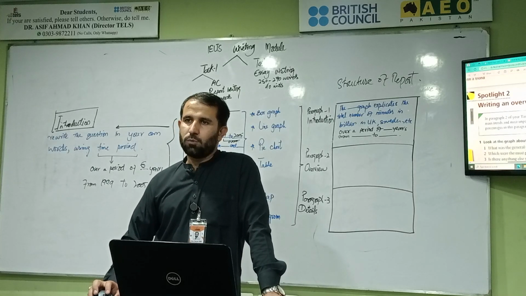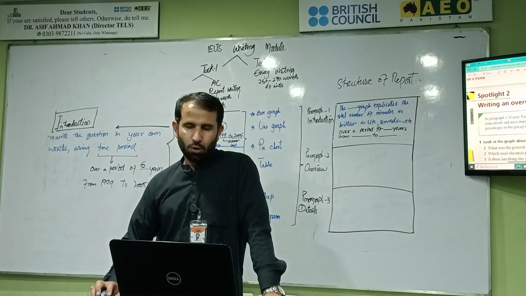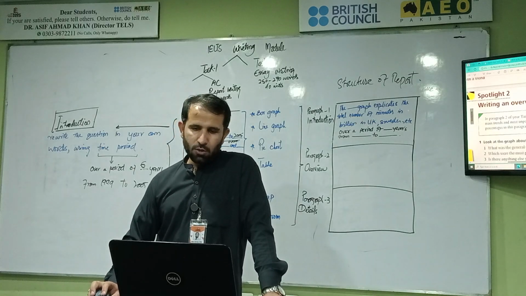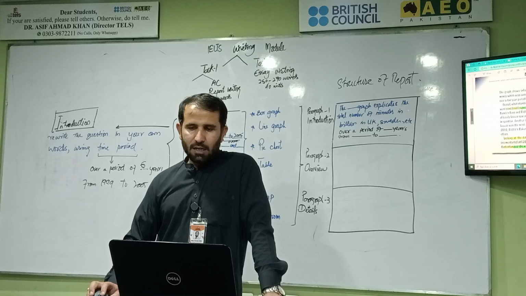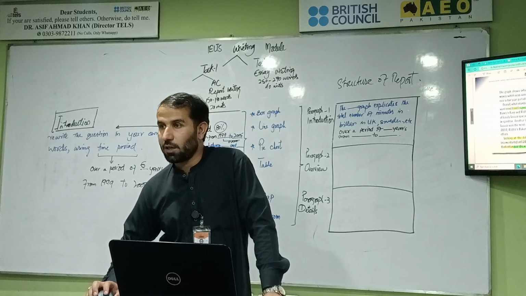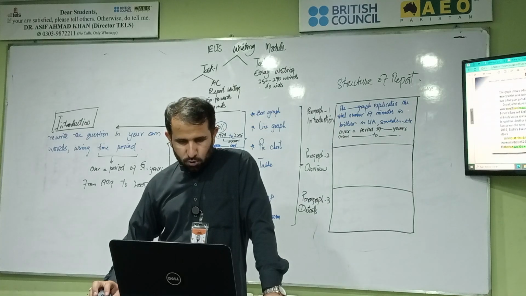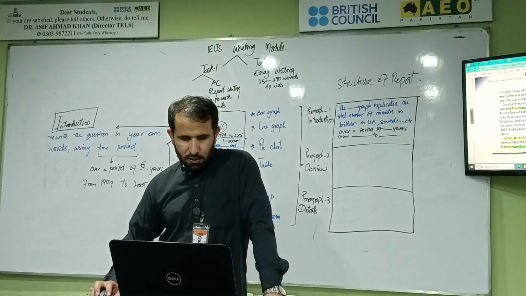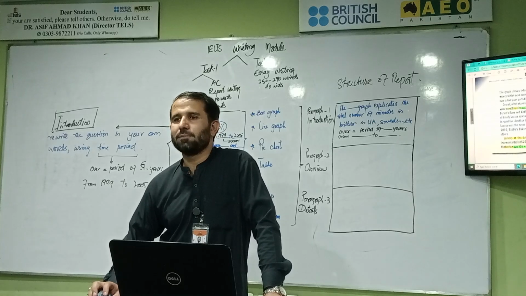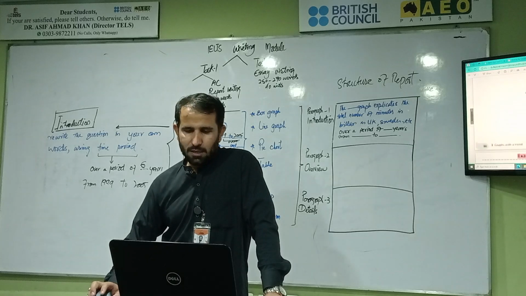Now writing overview. By tomorrow we'll be talking about the overview. Let's move on to comparison. This is a graph with a trend; there is a model answer in this book on page 83. The graph shows information about the amount of money which was earned by 3 bakeries in London over a 10-year period between 2000 and 2010. Same is the case here.